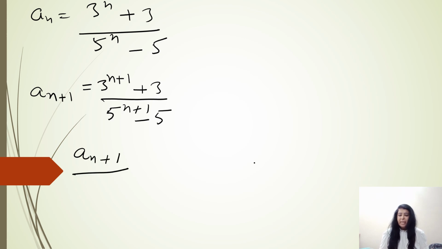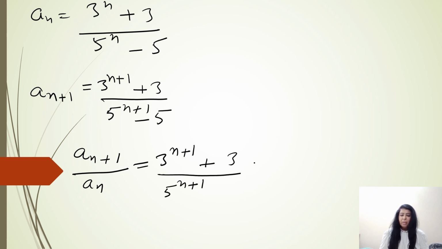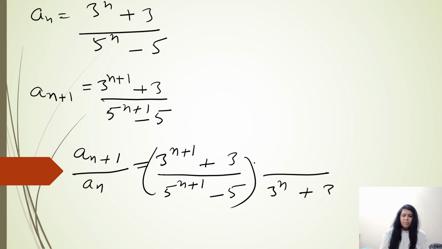So we will write an plus 1 divided by an. This is equal to (3 raised to power n plus 1 plus 3) divided by (5 raised to power n plus 1 minus 5), divided by (3 raised to power n plus 3) divided by (5 raised to power n minus 5).